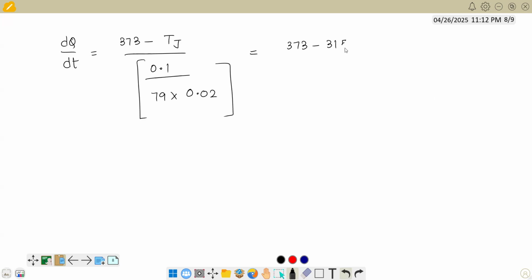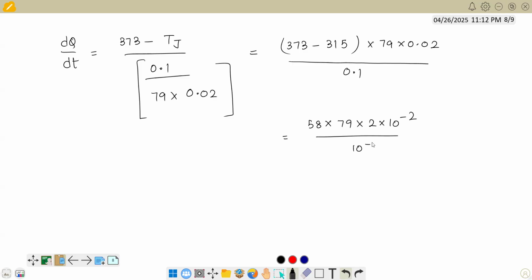So this denominator, when it goes to the numerator, we get 373 minus 315, which would be 58 into 79 into 2 into 10 power minus 2 divided by 10 power minus 1.